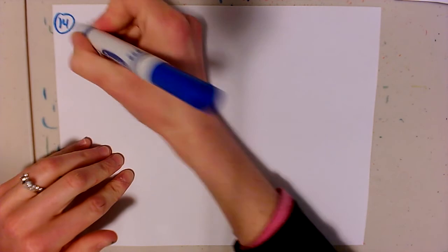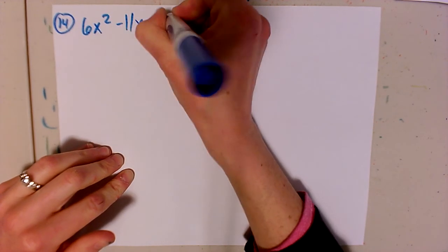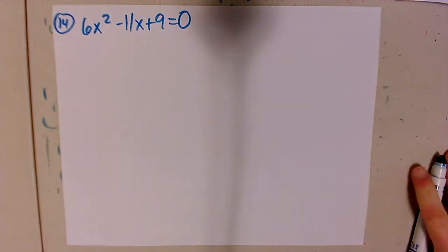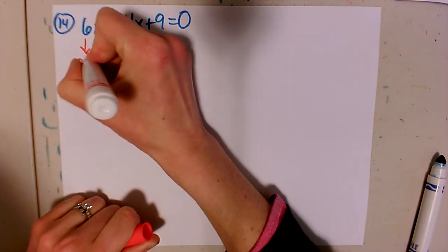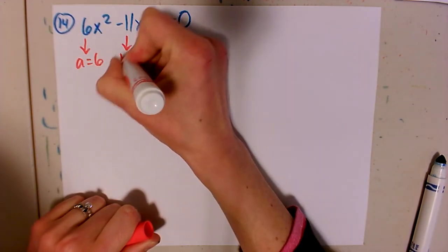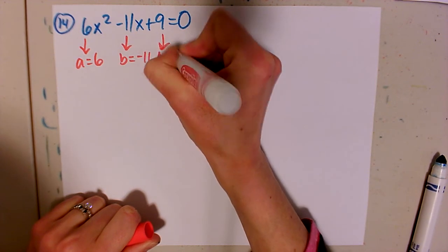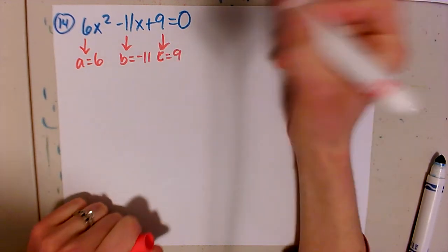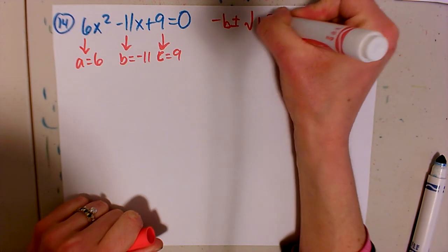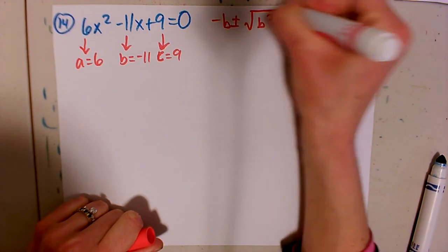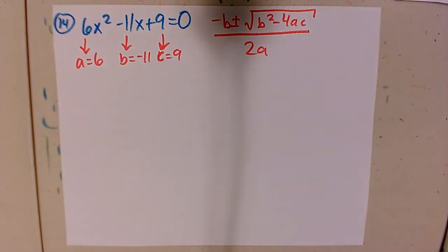So for 14, I have 6x squared minus 11x plus 9 is 0. Okay, so this one is already set equal to 0, and our exponents are going downhill. So a is 6, b is negative 11, and then c is 9. Okay, and then remember we have negative b plus or minus the square root of b squared minus 4ac all over 2a.